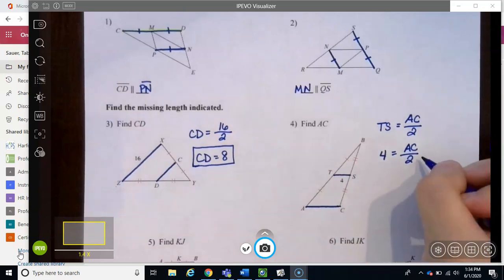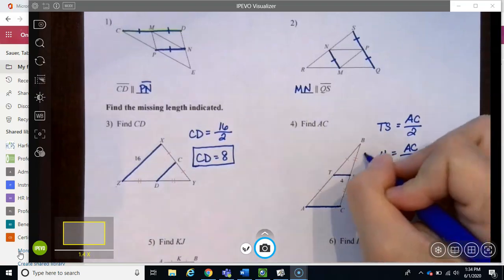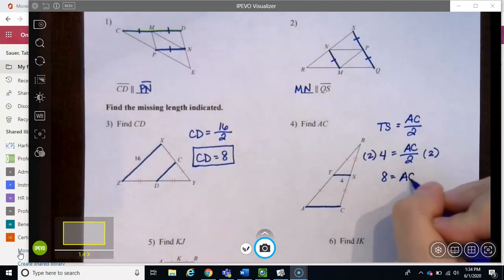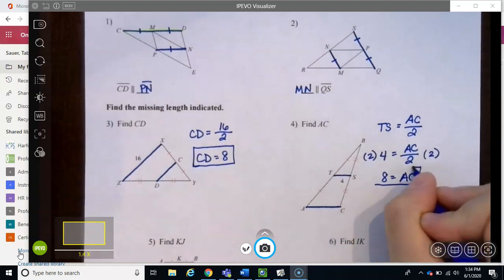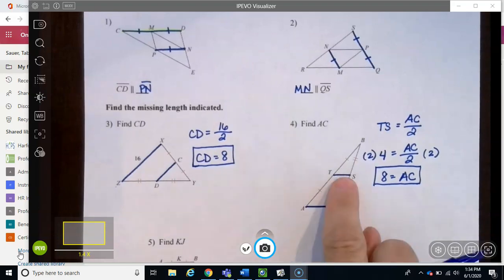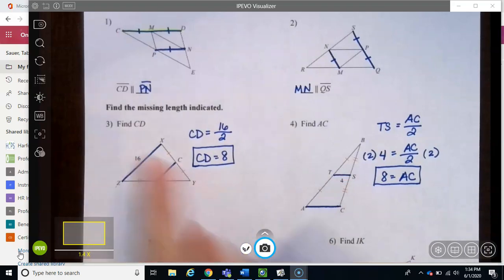So we need to get AC by itself, so I'm multiplying both sides by 2. And we get the AC length is 8, which makes sense since its mid-segment is 4, the mid-segment is half of the base. So if you're finding the base, it's twice as much as the mid-segment. If you're finding the mid-segment, it's half as much as the base.